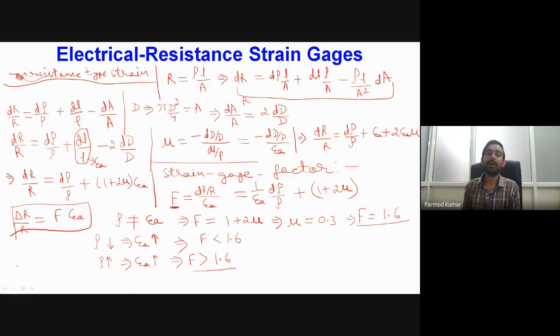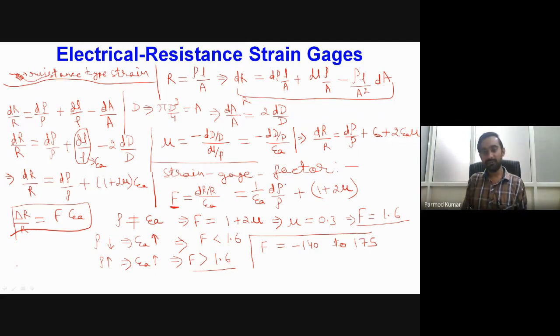Now, for the typical range of materials which are used for obtaining resistance type strain gauges, the value of the factor F varies from minus 140 to plus 175. So this is the typical range of the strain gauge factor which is used in practical applications.